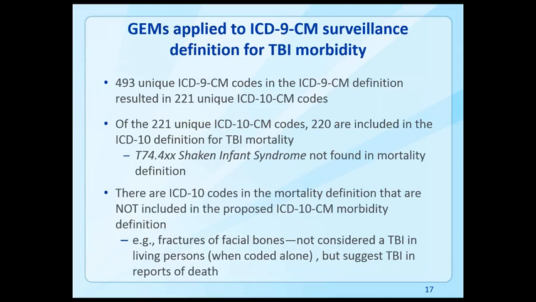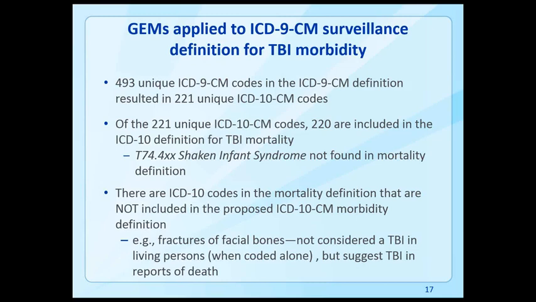And so some of the results of what happened is when we took the GEMs and applied it to the ICD-9-CM surveillance definition for morbidity, there were 493 unique codes in the ICD-9-CM code definition for traumatic brain injury.